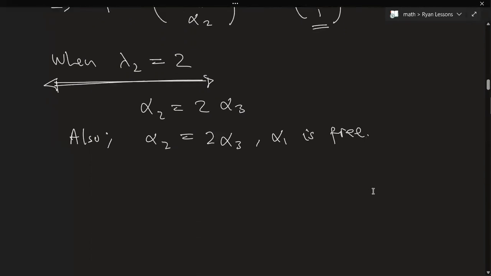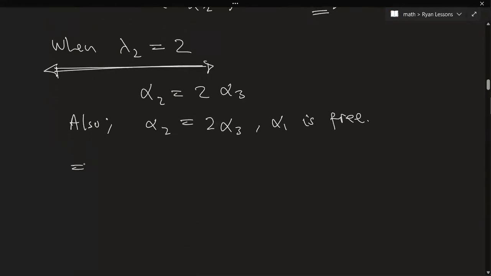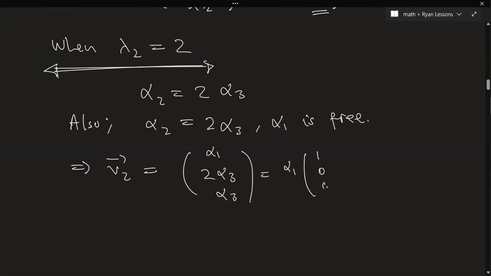So what does that mean then? This implies that V2 that we're looking for is actually equal to alpha 1, alpha 2, which is 2 alpha 3, and alpha 3, which is just alpha 3. Then we can split these to become alpha 1 times (1, 0, 0), plus alpha 3 times (0, 2, 1), like that.